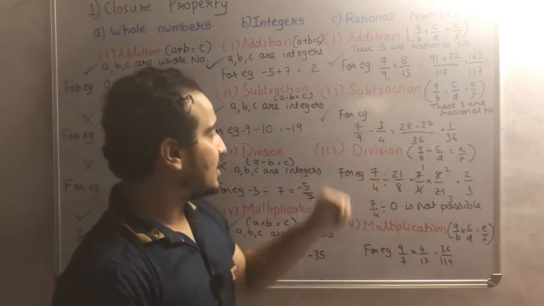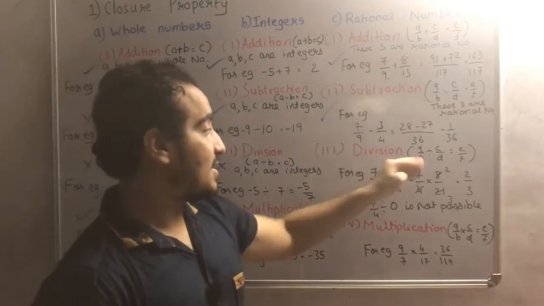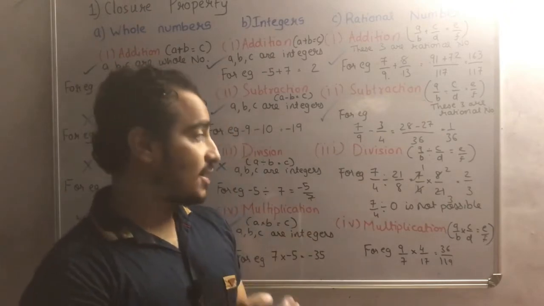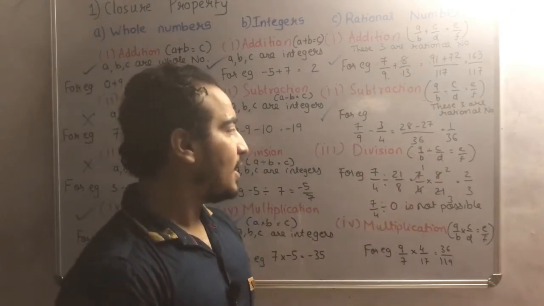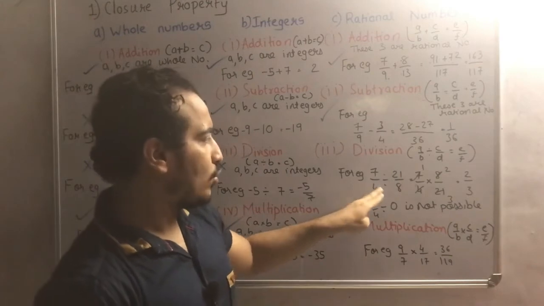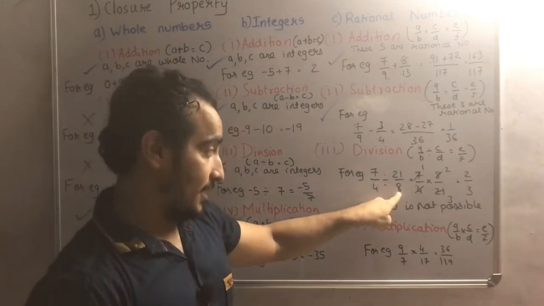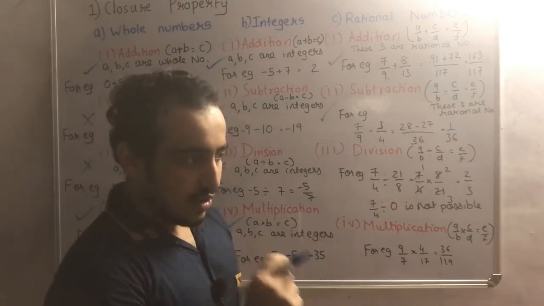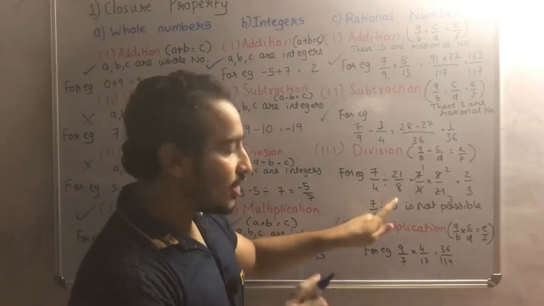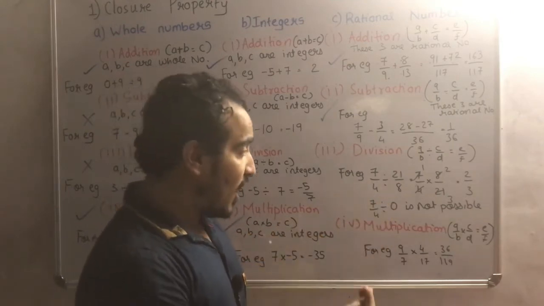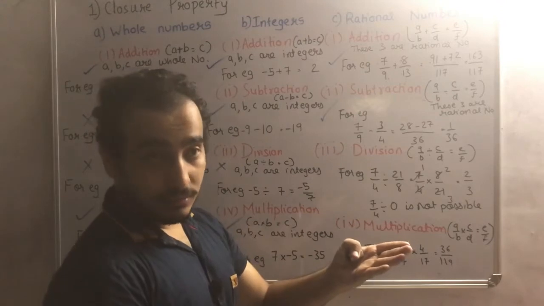So now next is division. That is a by b divided by c by d equals e by f. 7 by 4 divided by 21 by 8. When we have to convert division into multiplication, we have to take the reciprocal of the number.